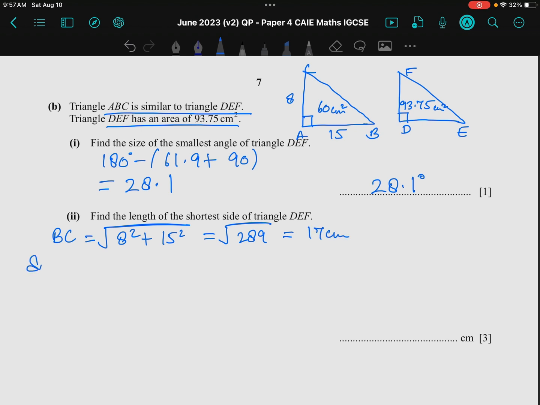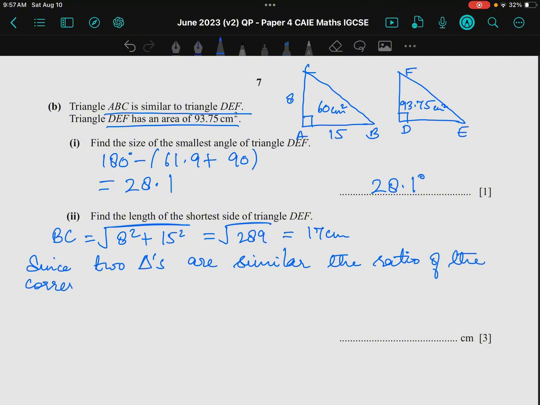Now, since two triangles are similar, the ratio of the corresponding sides are equal.